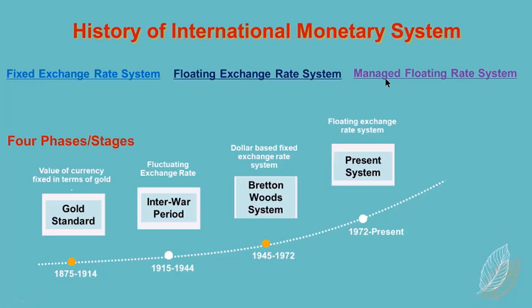Right, that is managed floating. India has had this managed floating rate system from 1994 onwards. Right. In this background, we are going to discuss the history of the international monetary system.